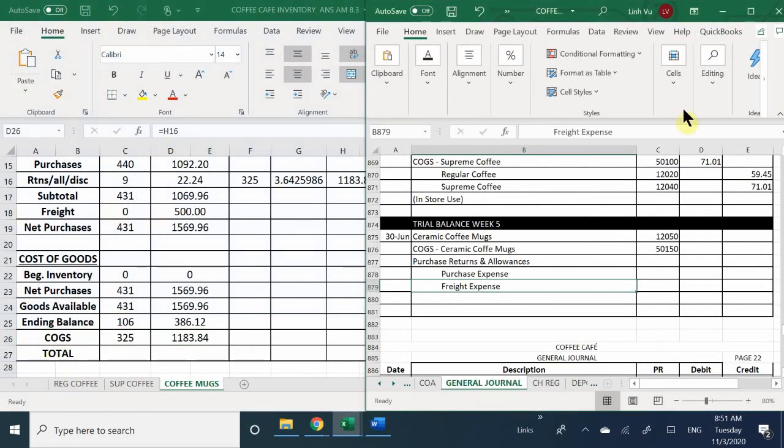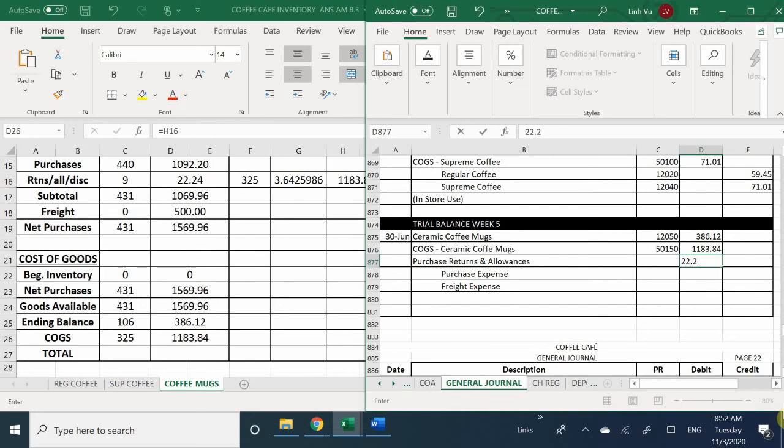Okay. So what was my total ending inventory? 386.12. What was my total cost of goods sold? 1183.84. What was my total purchase returns and allowances? 150 something.